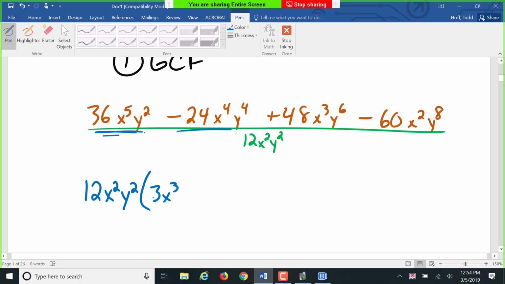How about our negative 24x to the 4th y to the 4th divided by 12x squared y squared? Perfect. Negative 2x squared y squared. 48x to the 3rd y to the 6th divided by 12x squared y squared.